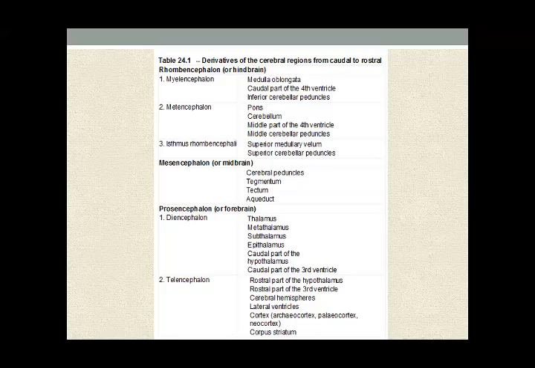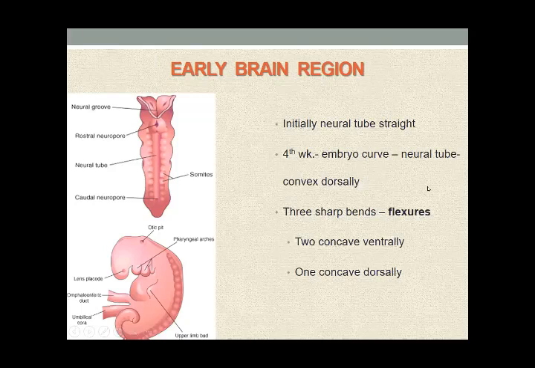The telencephalon, the most cranial part, gives rostral part of the hypothalamus, rostral part of the third ventricle, cerebral hemispheres, lateral ventricles, cortex with archaeocortex, paleocortex, and neocortex, all 3 parts of the cortex, and then corpus striatum. This list was taken from Gray's Anatomy. I think it is given in your book also.